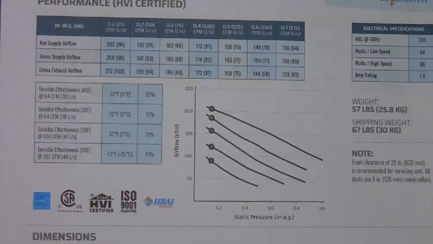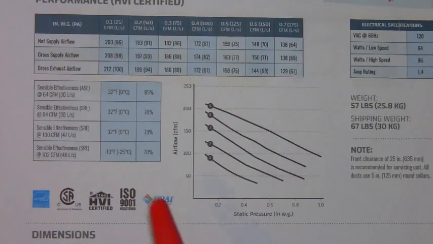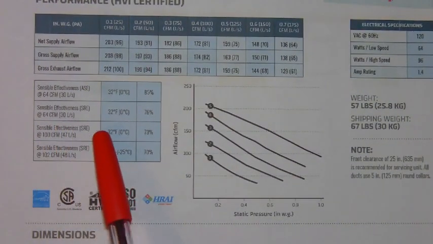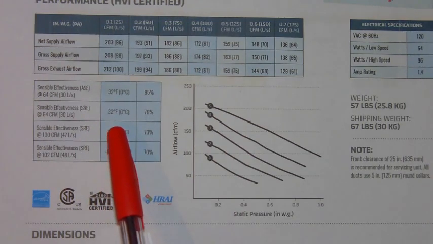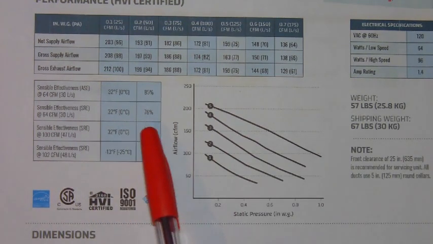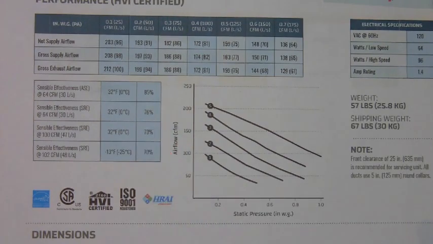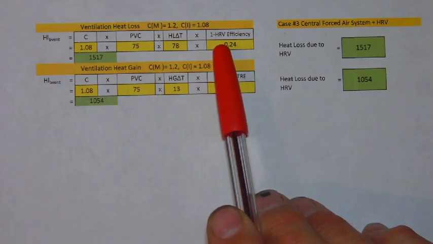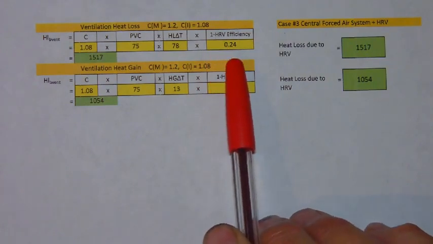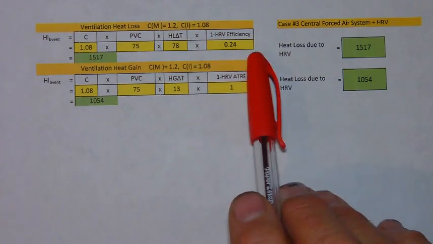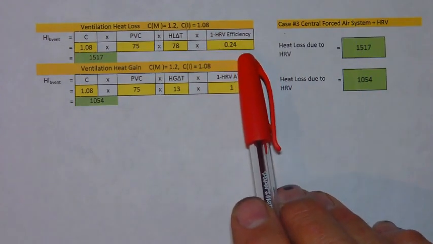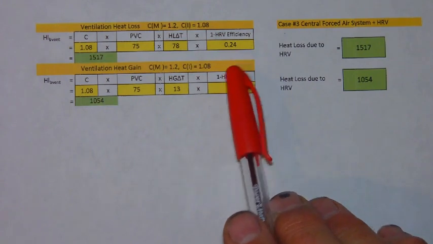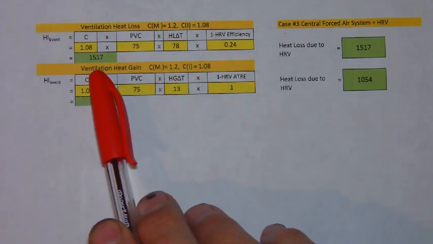In our example, we were using this particular HRV, and we found that the sensible effectiveness at 32 degrees Fahrenheit, the SRE, was 76%, and so 1 minus 76% leaves us with 0.24. So this helps us reduce the amount of heat loss due to the efficiency of the HRV. So we have a heat loss due to ventilation of 1,517.